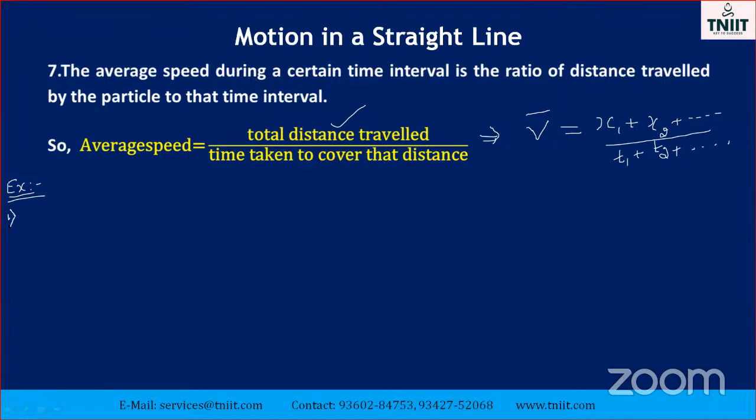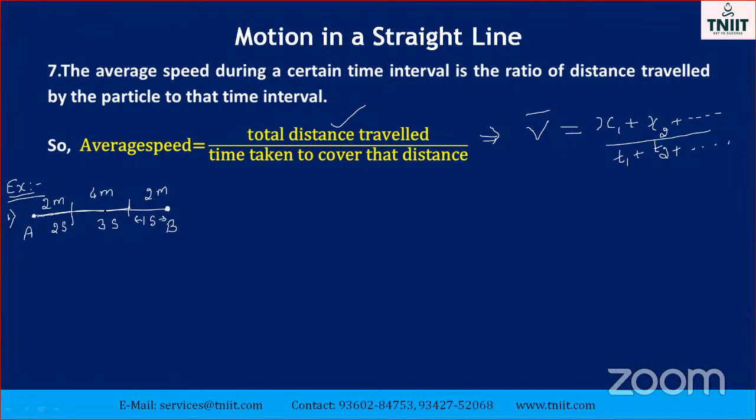The very first example: the initial point is A. Now it has covered a certain distance and moved to the final point B. It has covered 2 meters in 2 seconds, then 4 meters in 3 seconds, then 2 meters in 1 second.